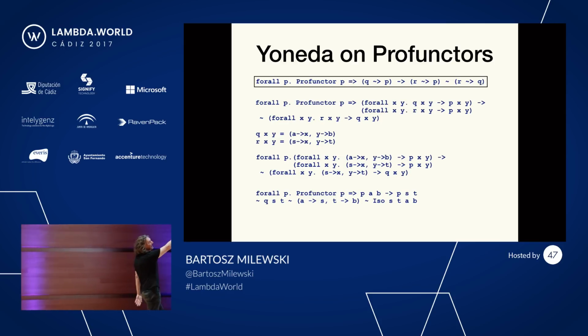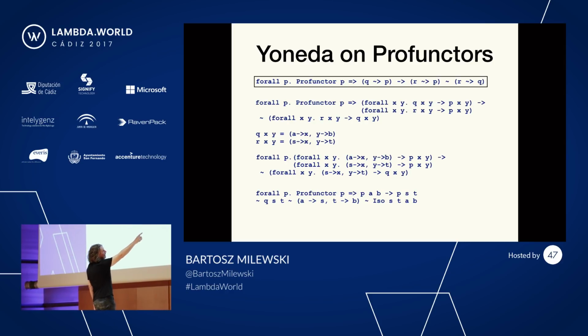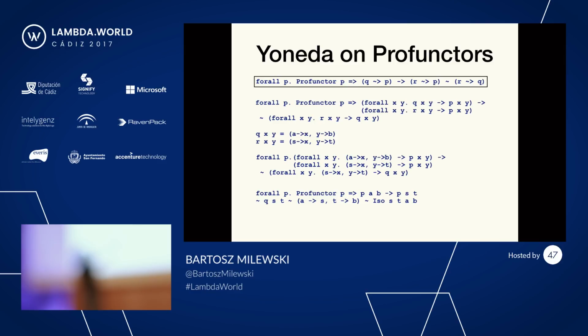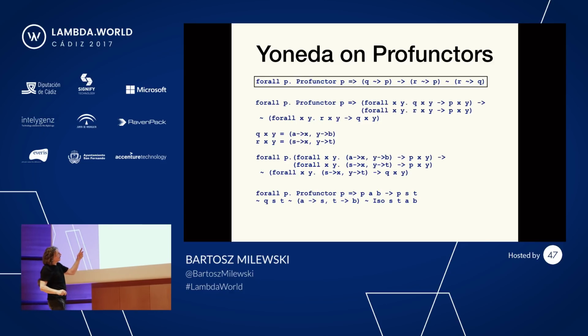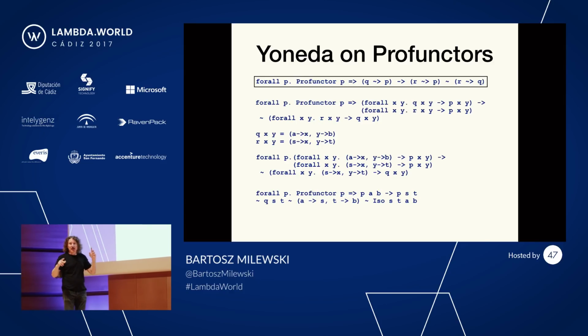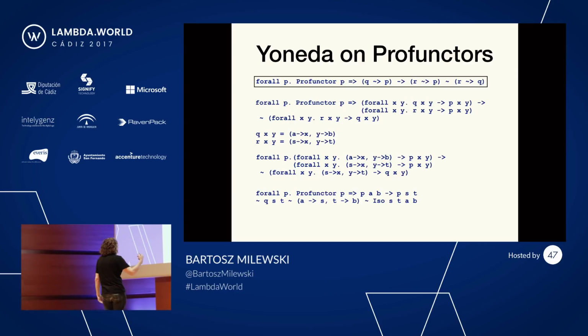So I put pro-readers here, and when I put pro-readers in here, I get a Yoneda lemma for profunctors, right? So I can reduce this. I can replace x and y with a and b, and I replace xy here with s and t. You know, these are different x and y's. They are scoped within the for all, right? So if I do this, I can now perform the Yoneda again, and I get this formula.